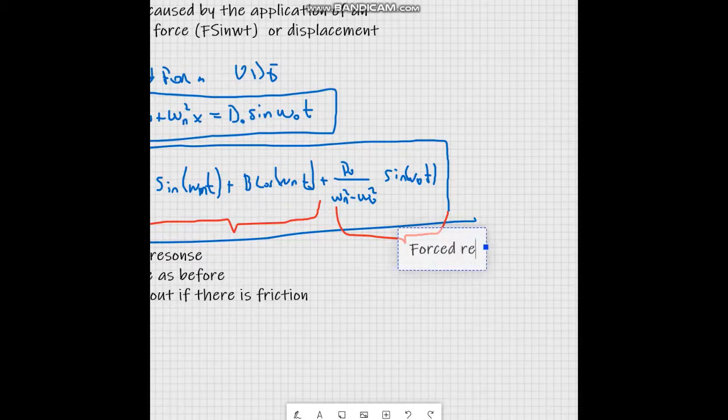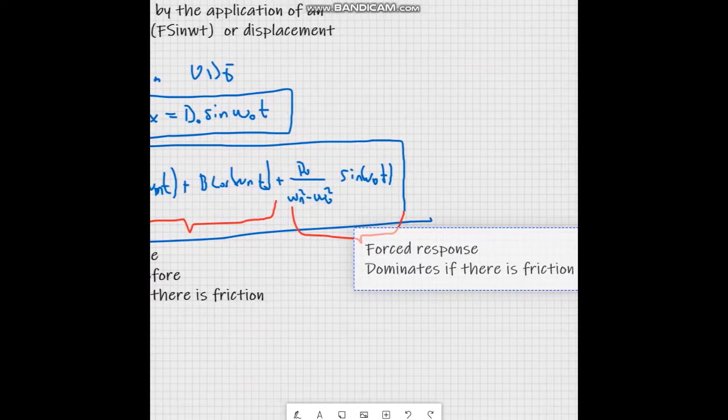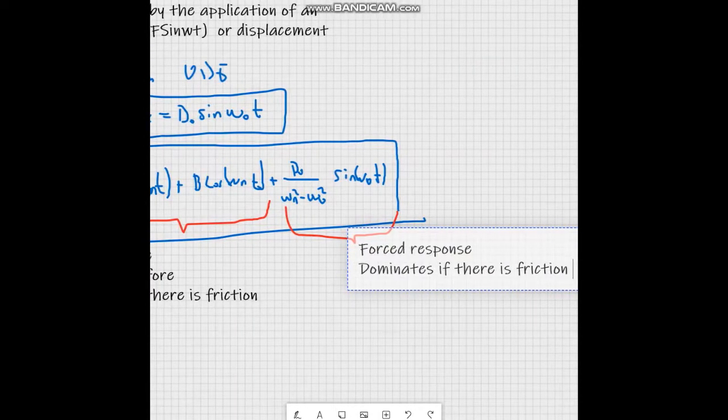So this one dominates if there is friction, and it is also the steady state.